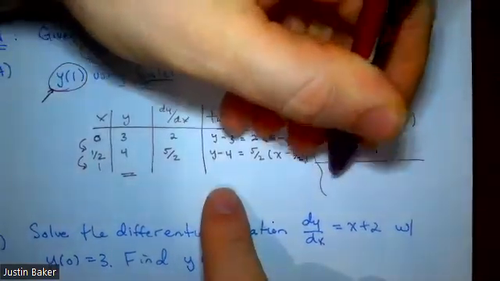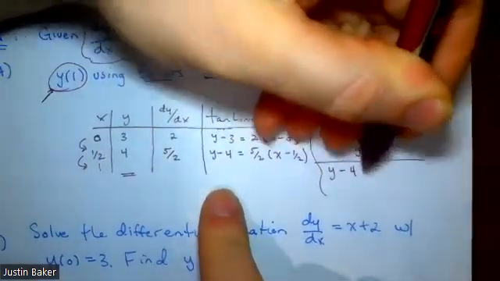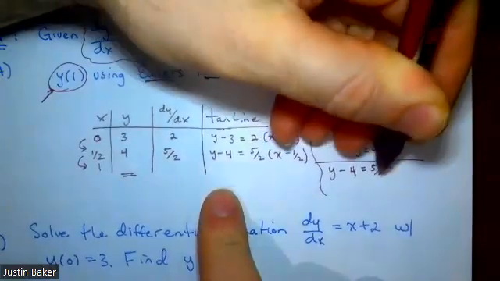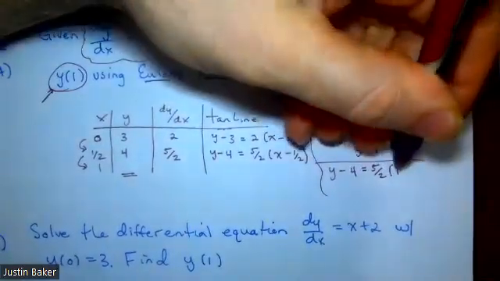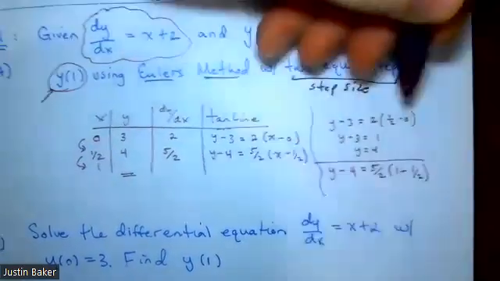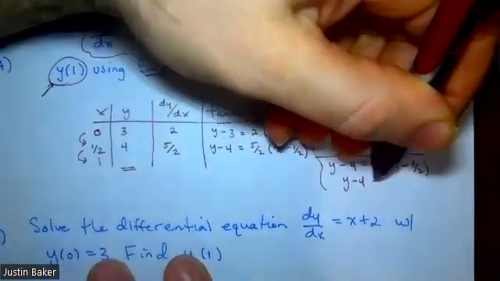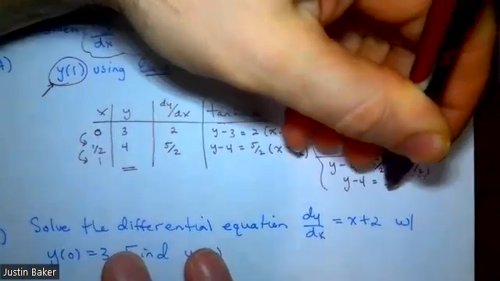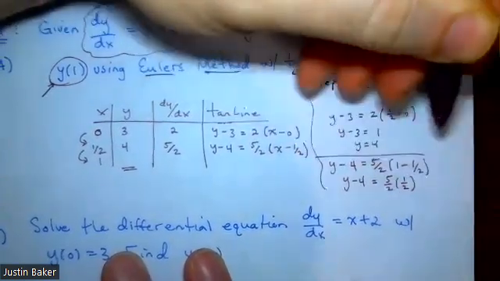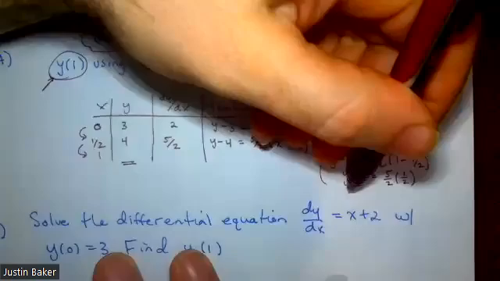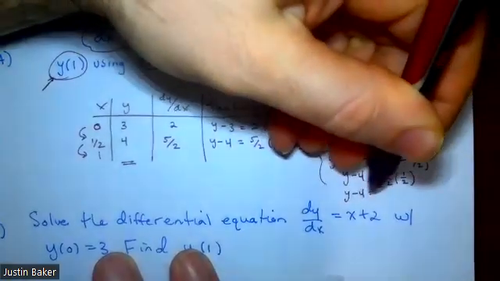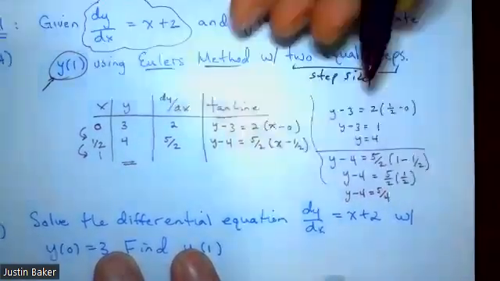So this is y minus 4 is equal to 5/2 times 1 minus 1/2. So this is y minus 4 is equal to 5/2 times 1/2. Y minus 4 is equal to 5/4.